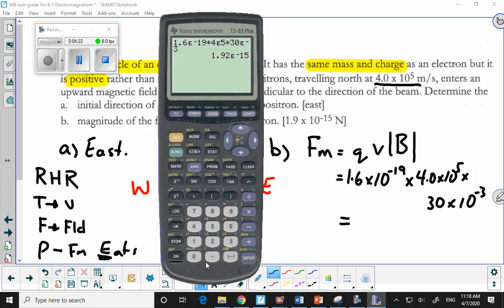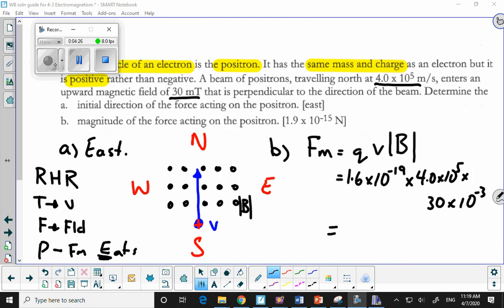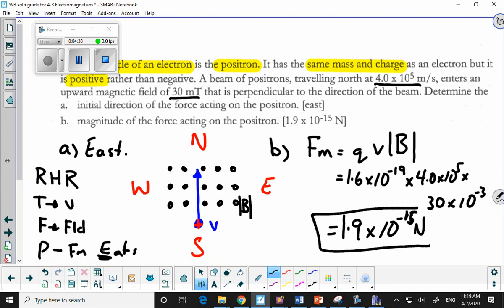To 2 sig digs, it's 1.9 times 10 to the minus 15 newtons. That is our magnetic force in this question for B. Take some time to get that down.